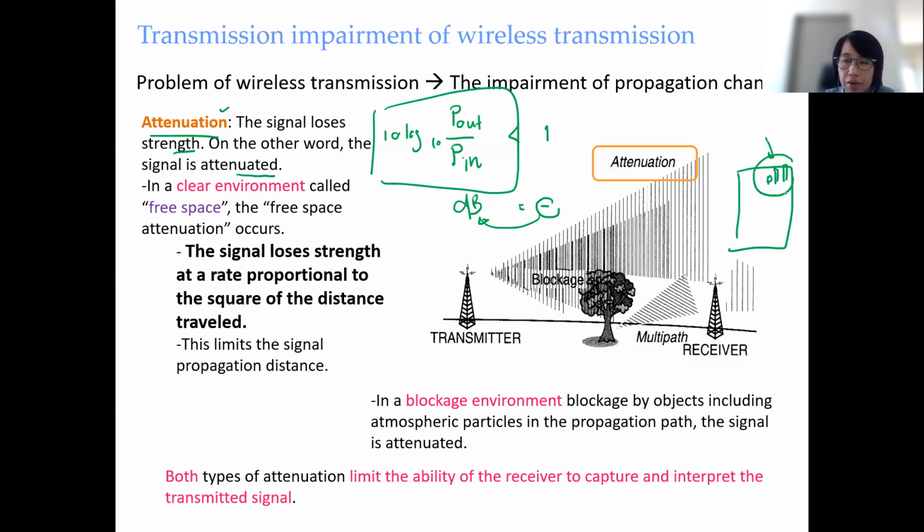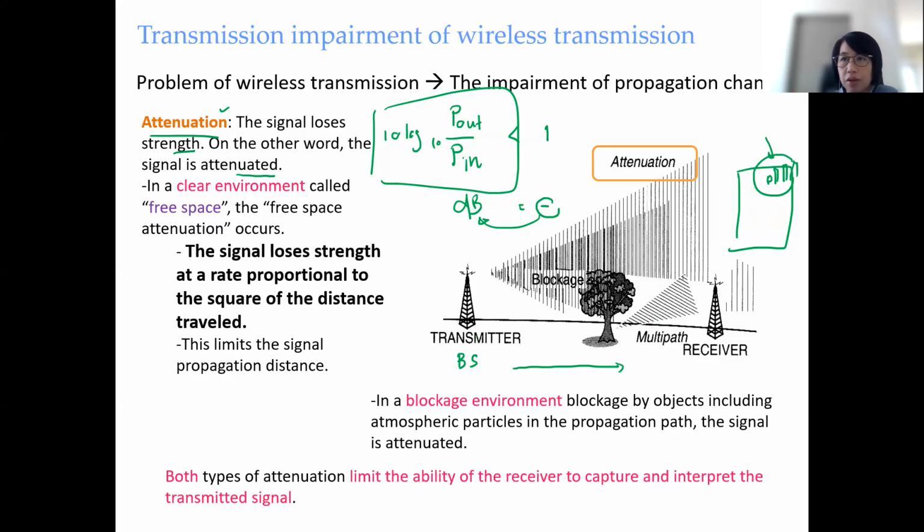You have full bars representing strong power. If you are closer to the base station, you will get a high signal strength. But if you move apart from the transmitter, you receive a small strength from the base station. Because of what?